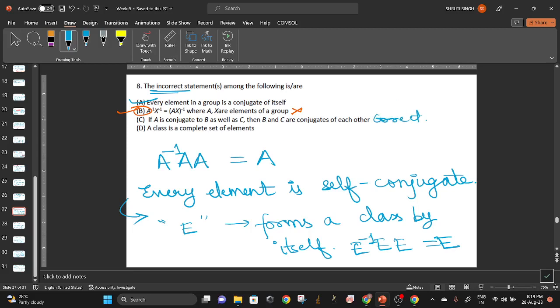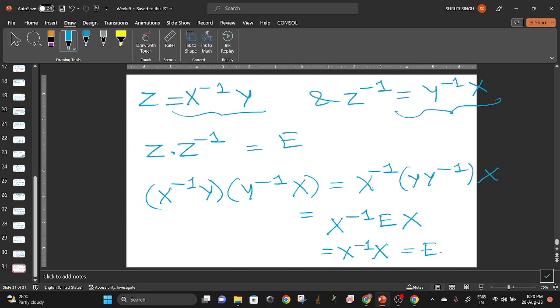Last one is, a class is a complete set of elements. Is this correct or not?